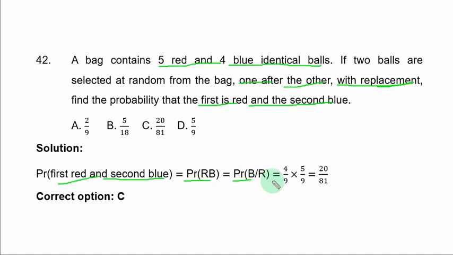So you have 4 over 9 for blue times 5 over 9 for red, because with replacement, the total is not affected. When you multiply, you have 20 over 81. So C is the correct option.